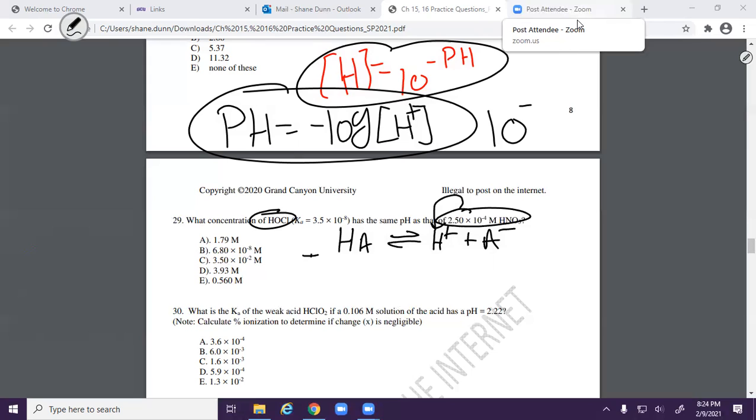Normally we would have nothing in our initial, theoretically. But since we have this, we know what to plug in for X, because X will equal this, correct? So our normal weak acid Ka value is always going to be X squared over HA. We're solving for HA in this case.